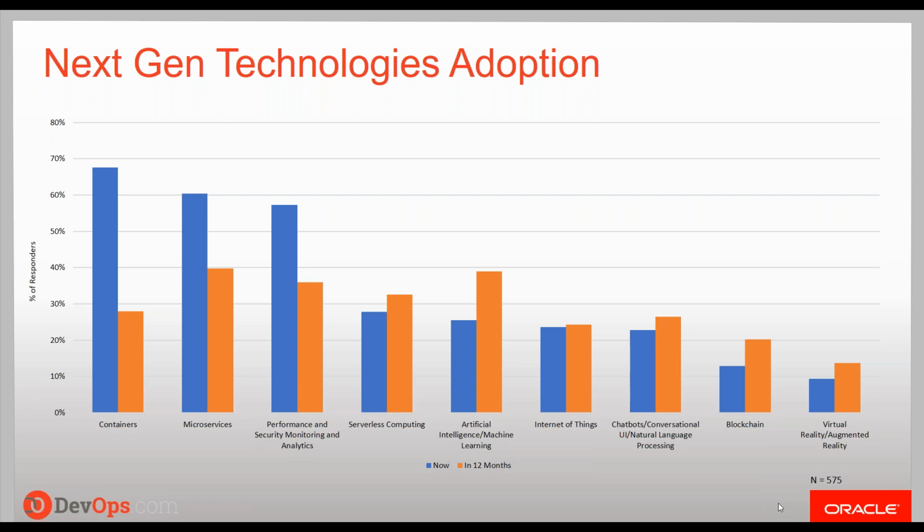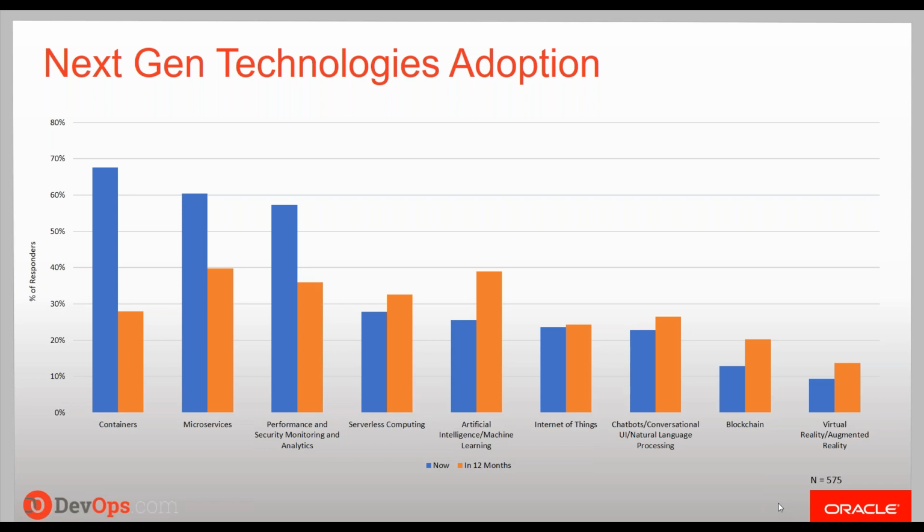Serverless computing, AI and machine learning, you can see the futures ahead of them. They have greater adoption within the next 12 months than they do now. And they're still below that 30% mark, which to me means they're not quite mainstream. IoT, surprisingly, for everything we heard, is actually lower than AI, ML, and serverless computing.